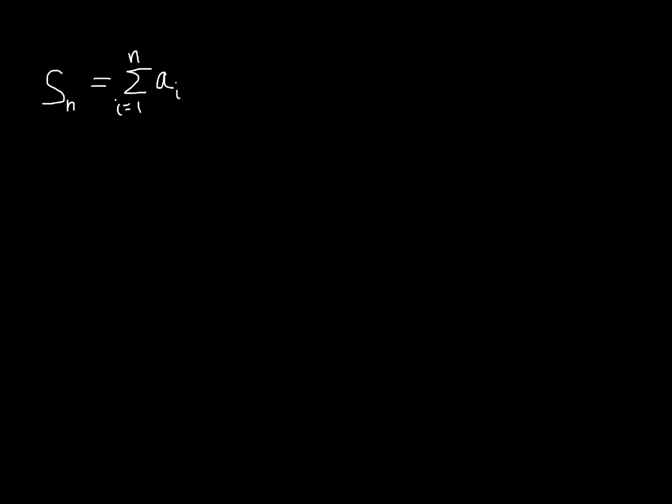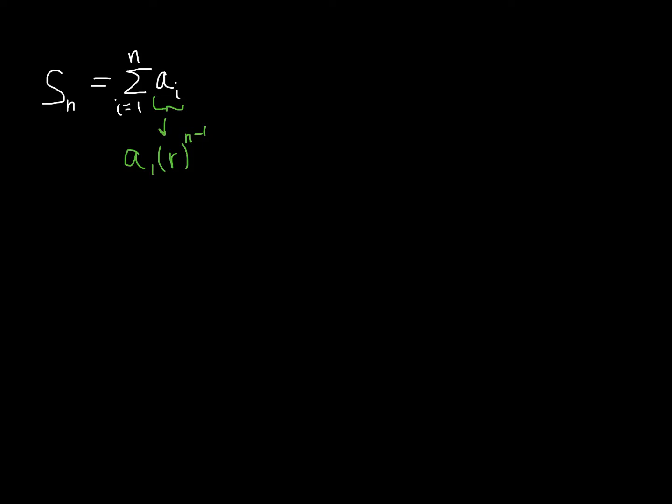And what we want to remind ourselves of is what exactly this a sub i is. Well, that's each term in the sequence. In a geometric sequence, we are starting with a sub 1, and we're multiplying it by some common ratio a certain number of times, n minus 1 times. So that's what each a sub i is going to look like.